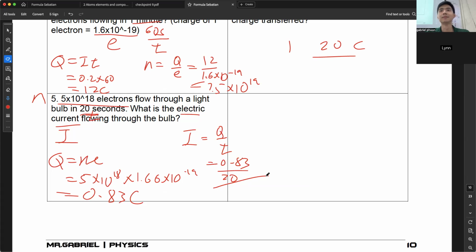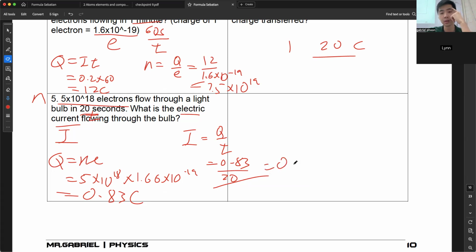It's about 5 times 10 to the power of 18 divided by 1.6. So that one, I saw the 5 something. What do you get? 0.83 divided by 20.